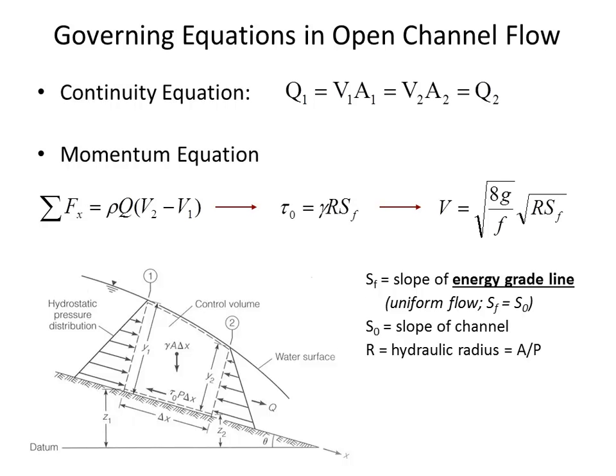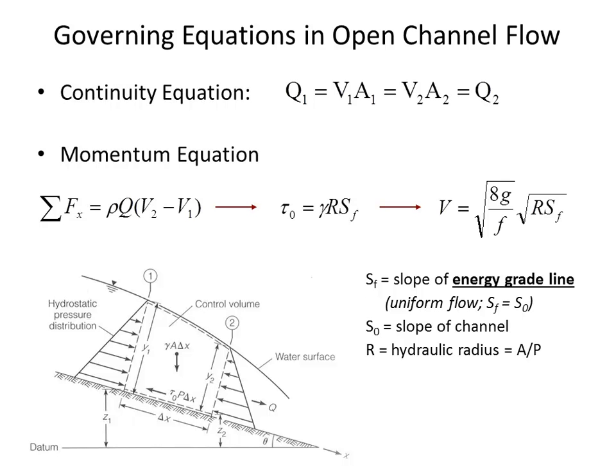Okay, so if we do a force balance and consider what the forces are in the direction of flow, in the x direction, we have to consider the fact that the velocity at 1 compared to the velocity at 2 is going to be different. Assuming the channel width is constant, if it's getting shallower, then the velocity at 2 has to be faster.